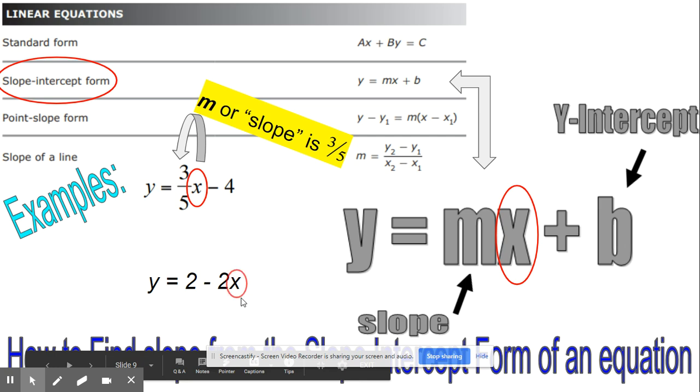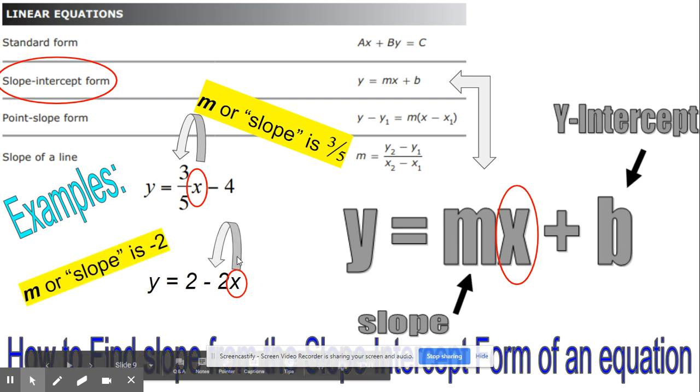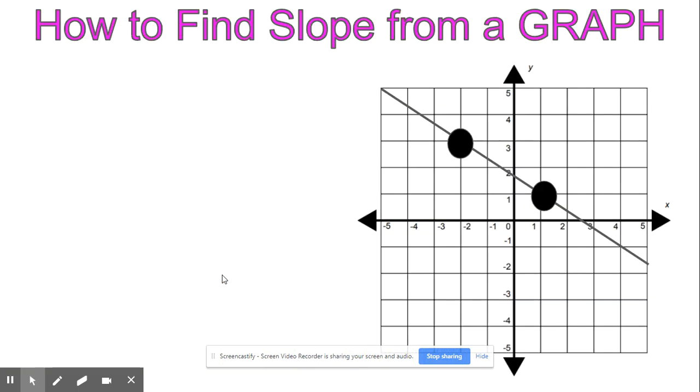Just again, find your x variable, and it's the number, the coefficient, sorry, of your x variable. So in this case, your slope is -2. Always make sure your sign that's in front of the number stays with your number.